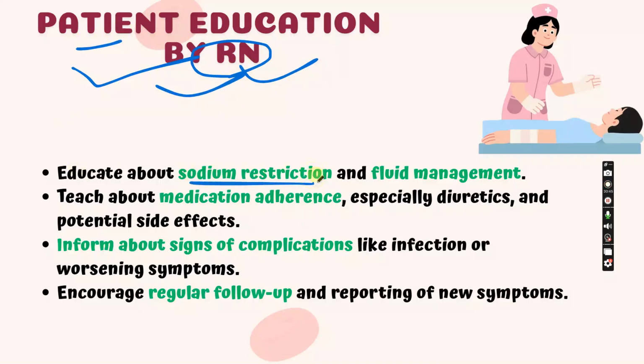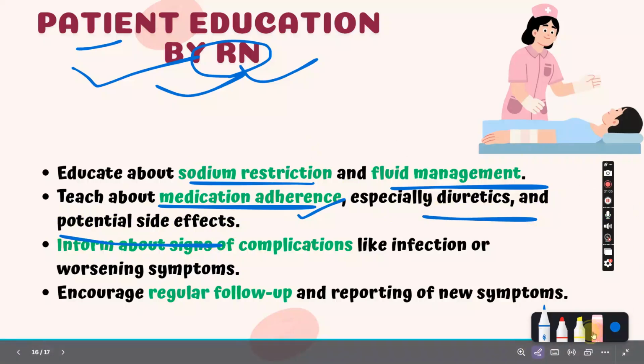We have to educate about sodium restriction, fluid management, and teach about medication adherence, that do not discontinue your medication unless your physician has told you so. Do not do it by your own choice, because after that relapse can occur, especially with the diuretics. Tell them the potential side effects.